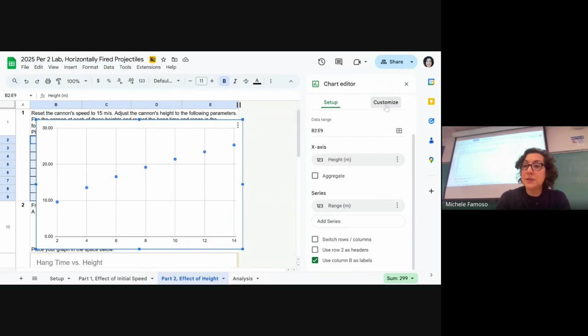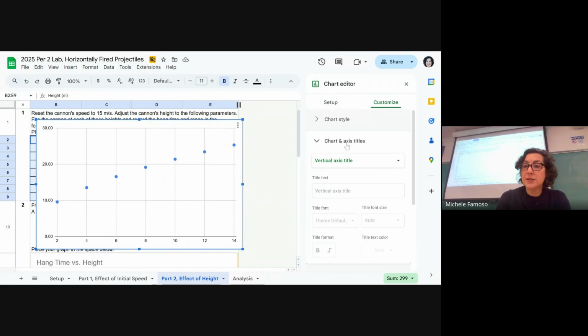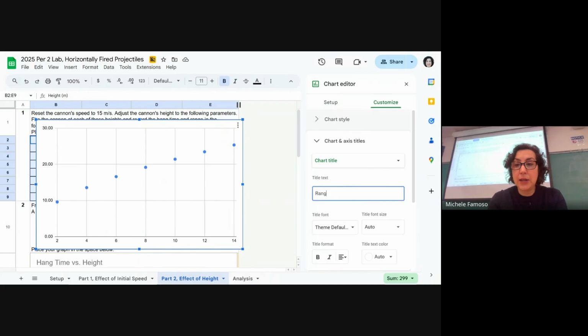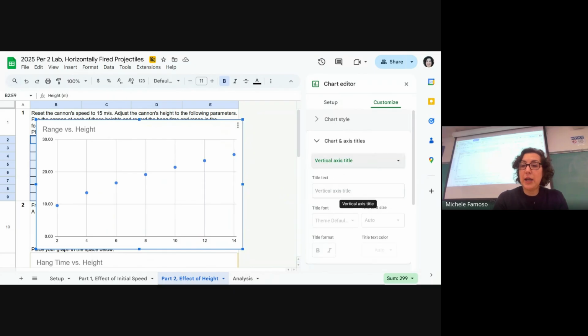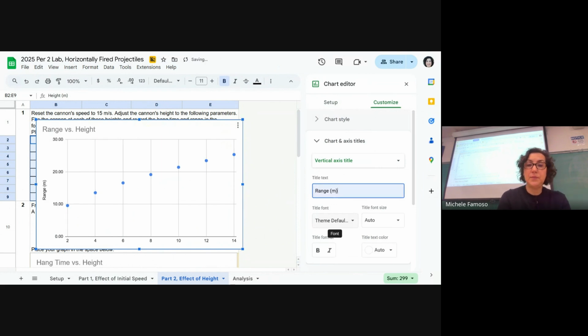Now we can go to customize our chart and axis titles. The chart title is range versus height. Range versus height for the chart title. Now select your down arrow. The vertical axis title is the range in meters.